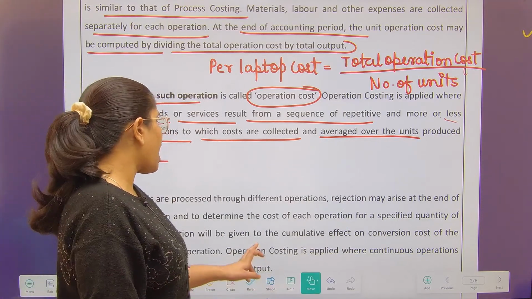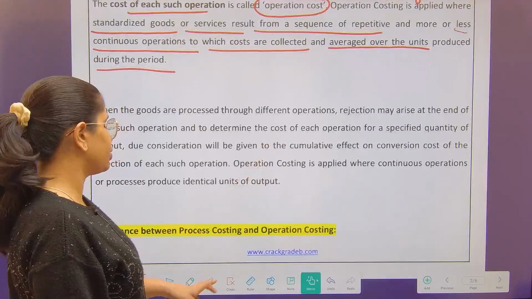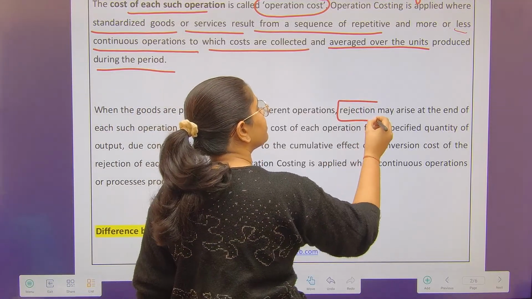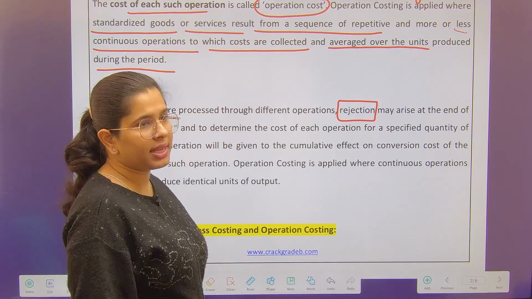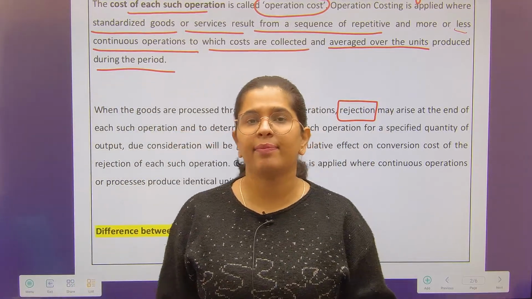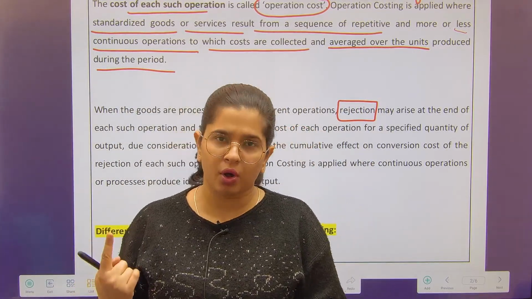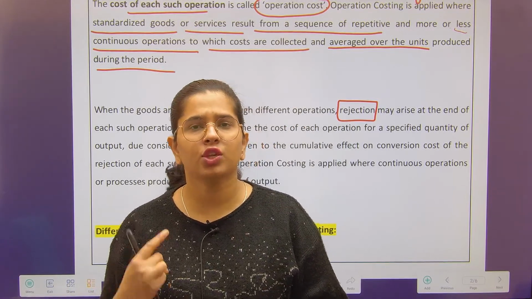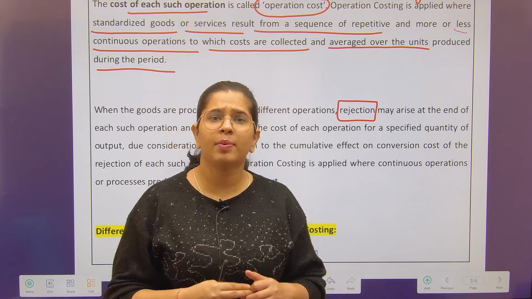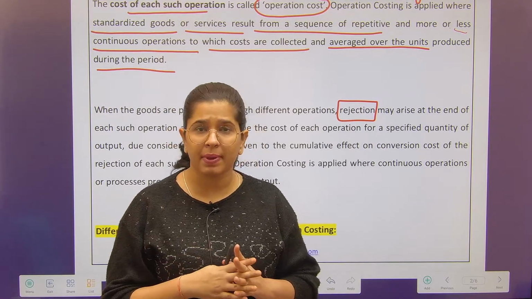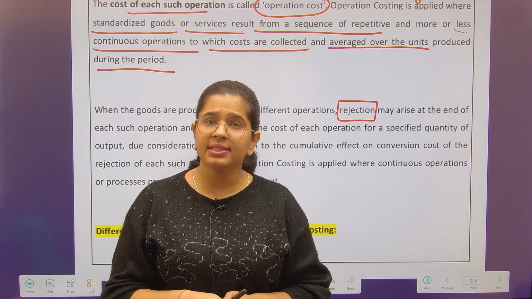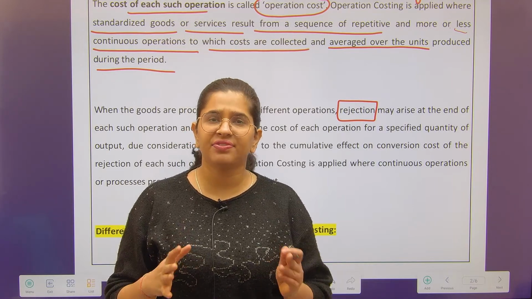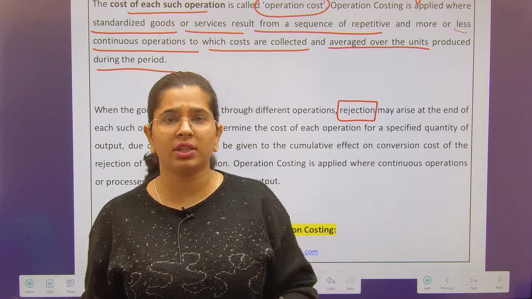When goods are processed through different operations, rejections may also arise. So in process costing as well, loss can be of two types: normal loss and abnormal loss. Normal loss means you are expecting that if I produce 1 lakh Pepsi bottles, then 5% of the bottles will be defective in one aspect or another.